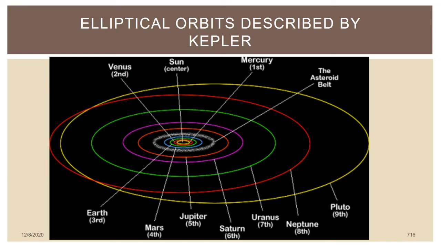And so, as it turns out, for Earth, Mars, and Venus, their orbits are actually fairly circular, although this diagram kind of makes them look flatter than they actually are. As you can see, the asteroid belt is also fairly elliptical, and then we get sort of more and more smushed, a longer major axis and a smaller minor axis as we get further and further out from the sun.